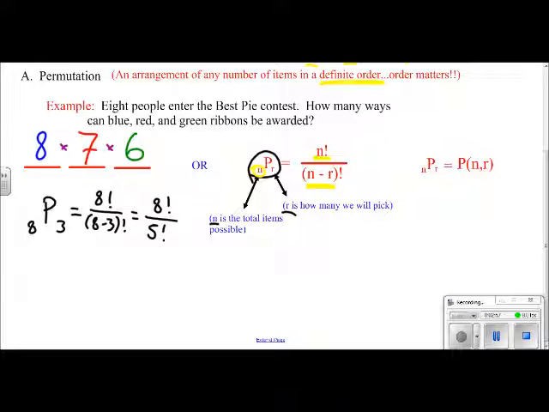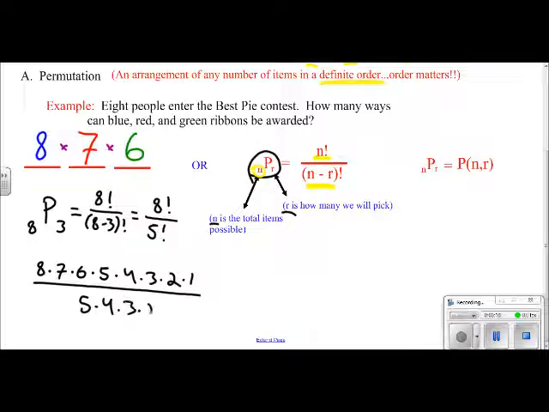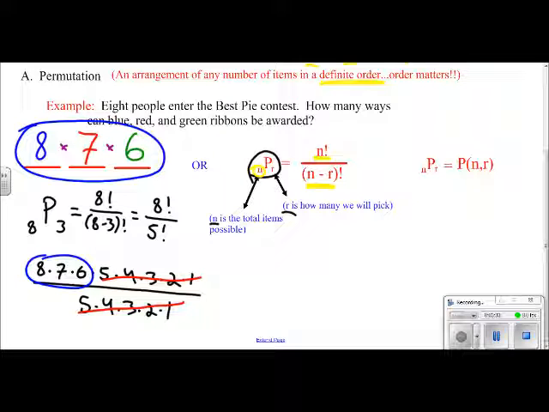If we wanted to see how this would actually spell out, we'd have 8 times 7 times 6 times 5 times 4 times 3 times 2 times 1, all over 5 times 4 times 3 times 2 times 1. If you'll notice, 5, 4, 3, 2, and 1 happen in both cases. Since it's all multiplication and it's being divided, we can cancel out the 5, 4, 3, 2, and 1, leaving us with just 8 times 7 times 6, which is the same as what we got in our fundamental counting principle.